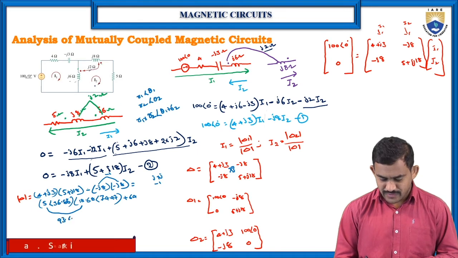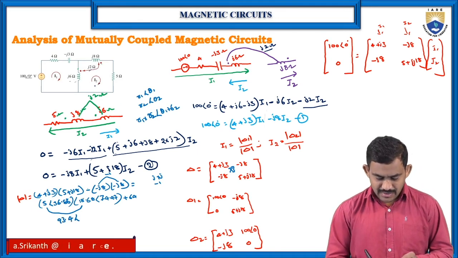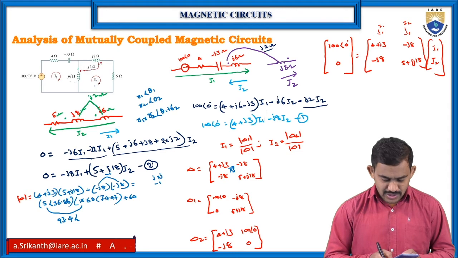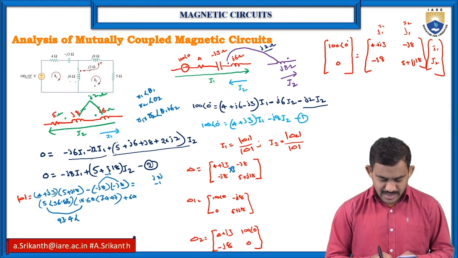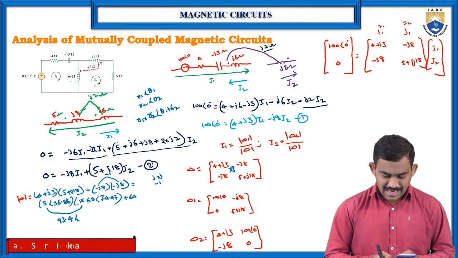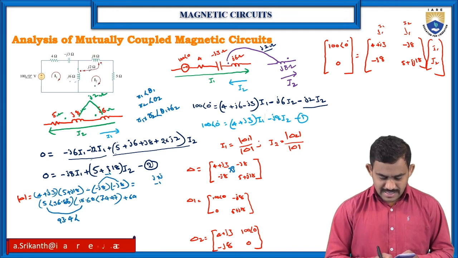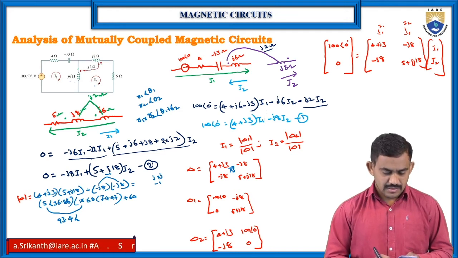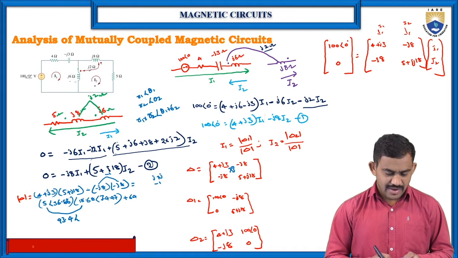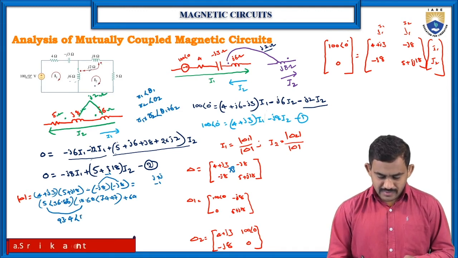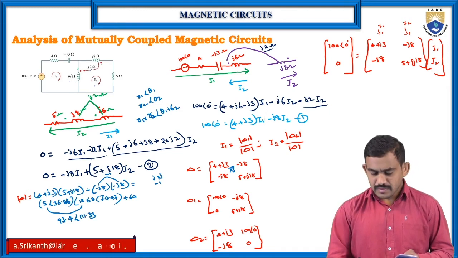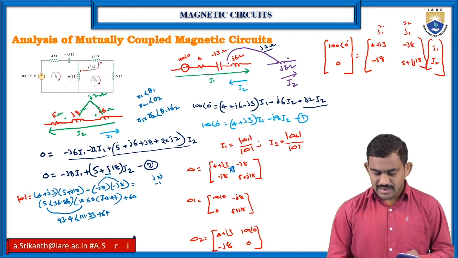So 93.4 with angle: since both are in multiplication, you need to add the angles 74.47 plus 36.86, which is 111.33, plus 64.